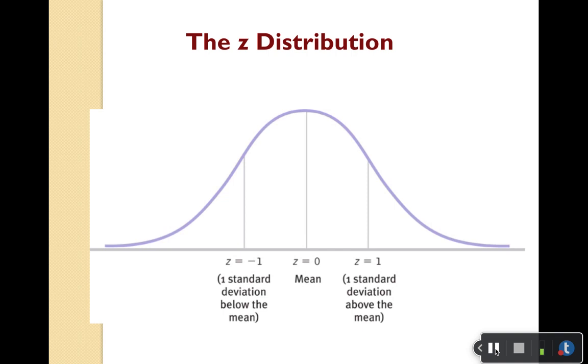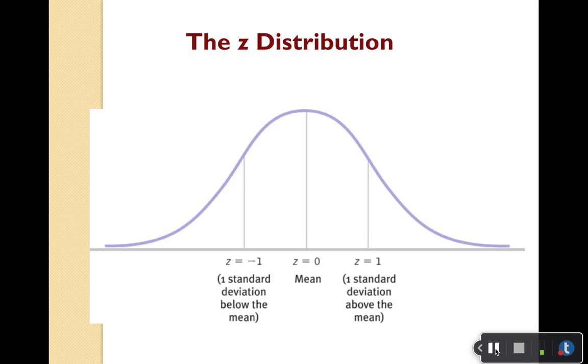So the sign of my z-score, when you calculate it using that formula, if it's negative, is telling me that my score is below the average. If it's positive, it's telling me I'm above the average. And how big the score is, the magnitude of that number, tells me how far above or below the average I am.